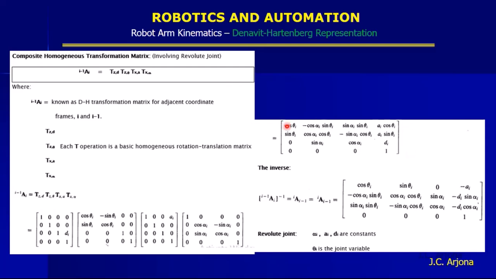And here is the result after simplifying this one. And here is the inverse, the result of the inverse. And take note that for the revolute joint, alpha i, ai, and di are constants, and theta i is the joint variable.